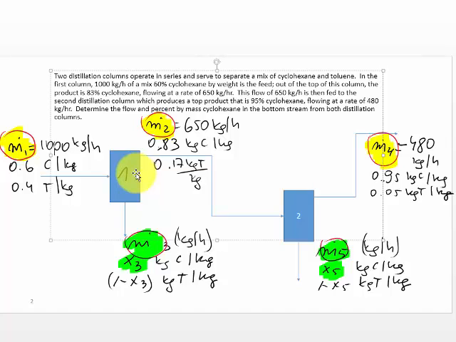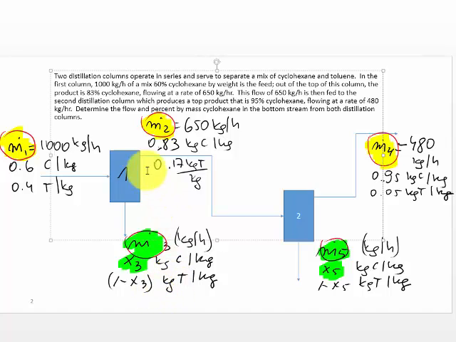This column separates two products: M2, 650 kg per hour coming out of the top of the distillation column, and the bottoms product M3 with the composition X3 and 1 minus X3, where X3 is the fraction of cyclohexane in the bottoms of the first column, and 1 minus X3 is the fraction of toluene in the bottoms of column 1.